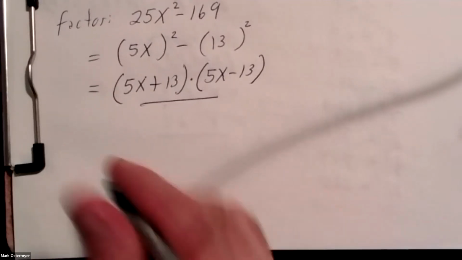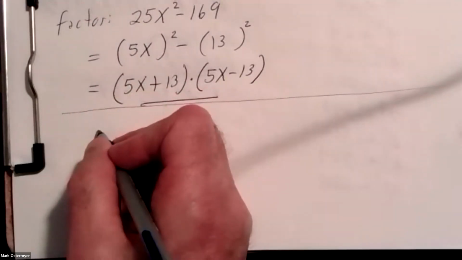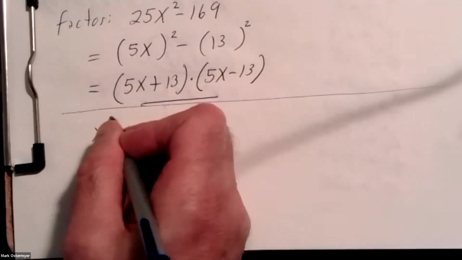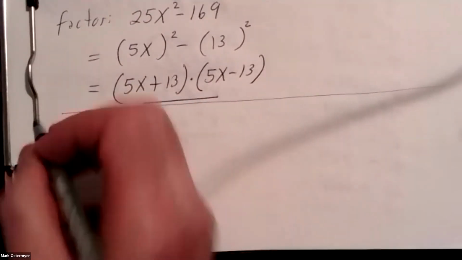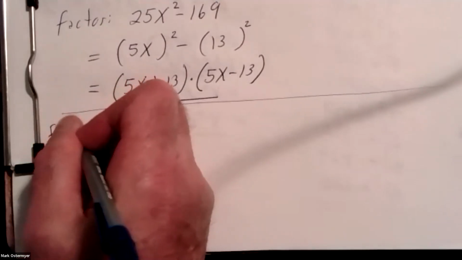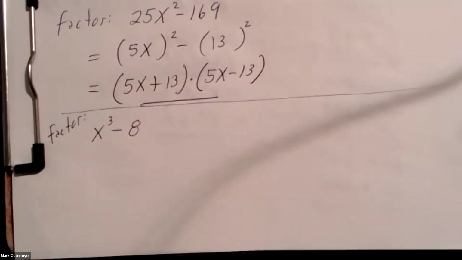All right, now let's try this one. How about if we have x cubed minus 8, and we want to factor this? Well, we still have a binomial, we have the difference, but is it the difference of squares? Or maybe in this case, might it be the difference between cubes?